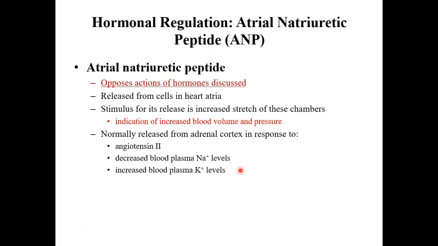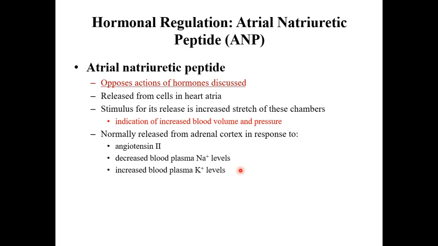Now, our fourth hormone is referred to as ANP, or atrial natriuretic peptide. This hormone is really interesting because it actually opposes all the actions of the other three hormones I talked about. Ultimately, ANP reduces your blood volume and decreases your blood pressure. Now, how does this happen?